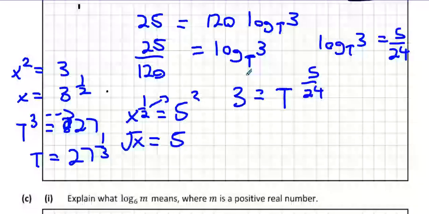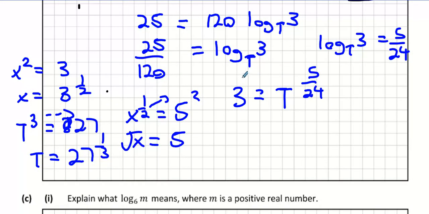Is that all right? Now, explain what log m base 6 means, where m is a real positive number. Okay, what would log 36 base 6 mean? We know the answer is 2.